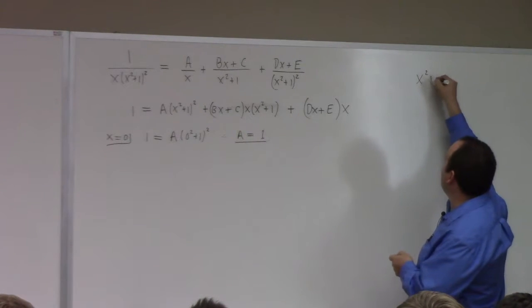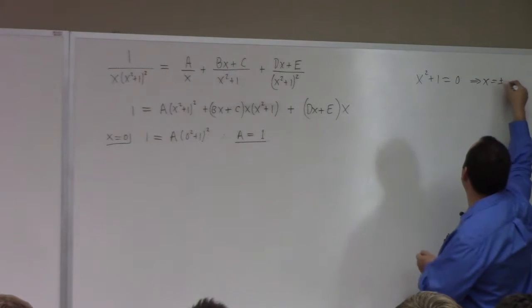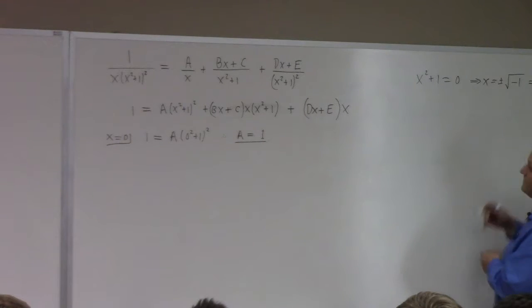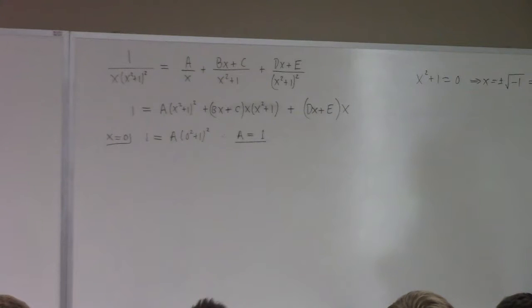If I want x squared plus 1 equal to 0, what do I make x equal to? Yep, i. So if you're willing to do that, that gives you some pretty easy equations.